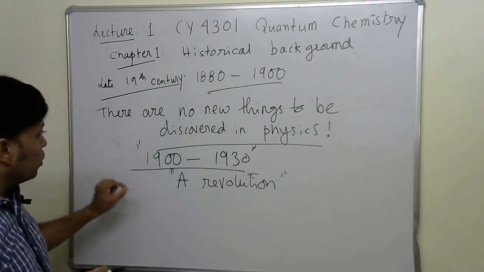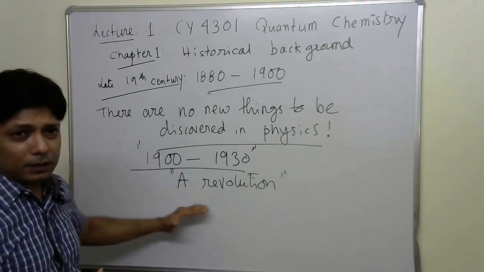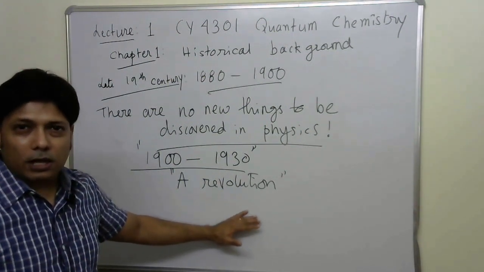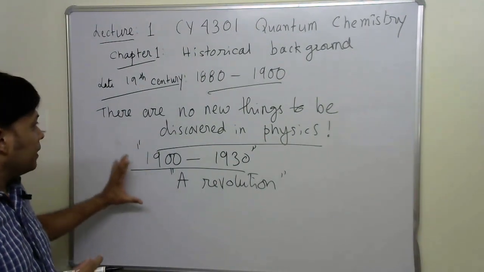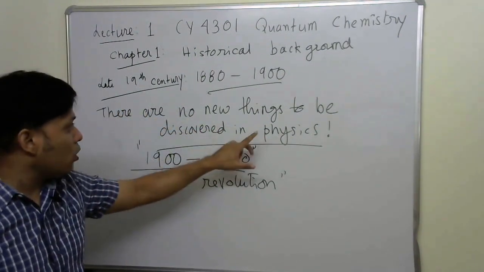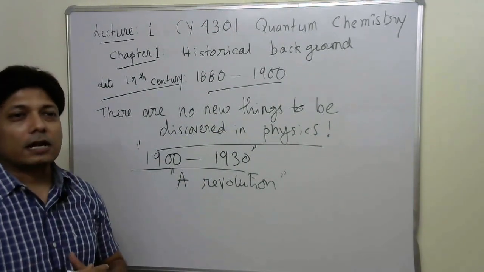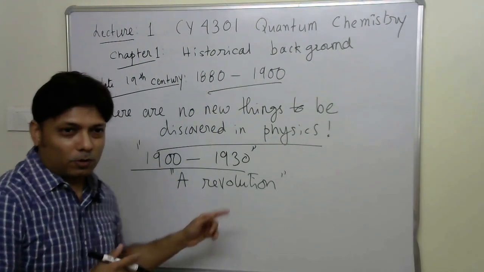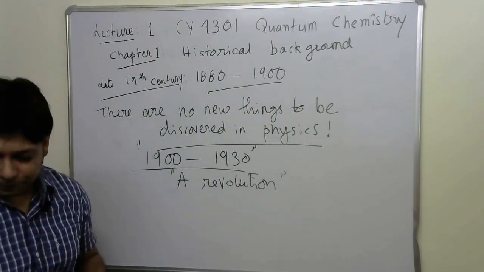So now we will take a look at what exactly happened in those 30 years in a chronological manner, to understand how the statement that there are no new things to be discovered in classical physics failed.